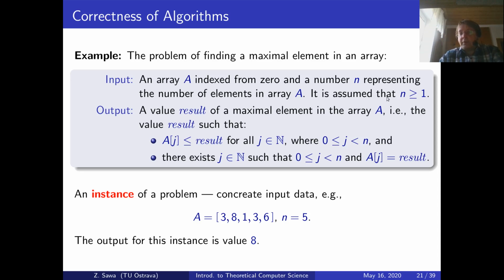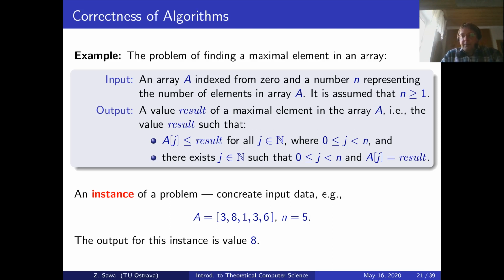We also assume only those inputs where n is greater or equal to 1, so we will not consider empty arrays. This description is slightly more detailed, and it explicitly avoids the boundary case of an empty array. The algorithm should work correctly only on non-empty arrays, and we also specified how the input is stored: the array A and the number n represent the input.